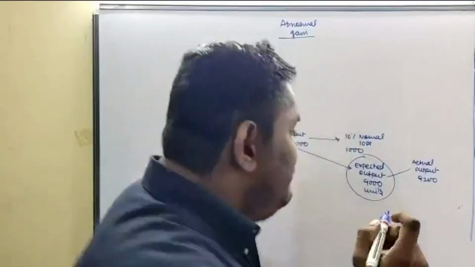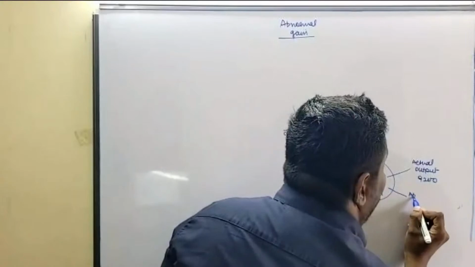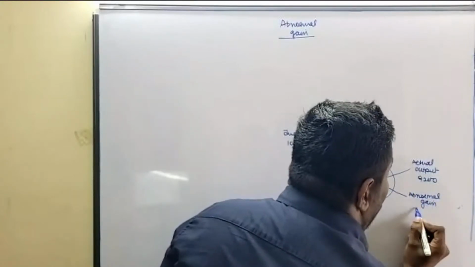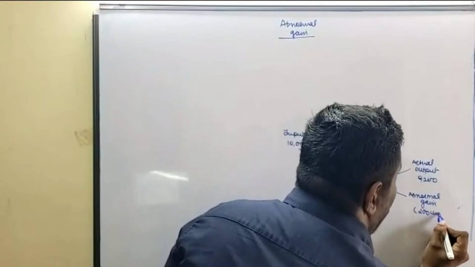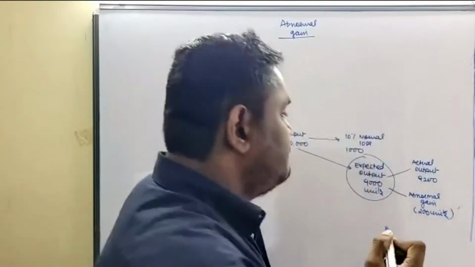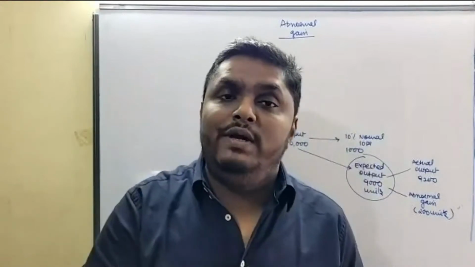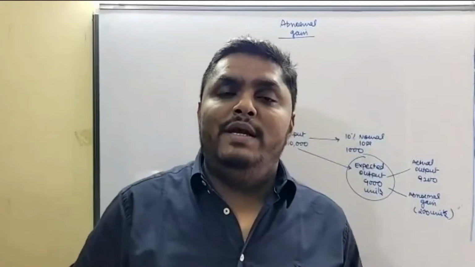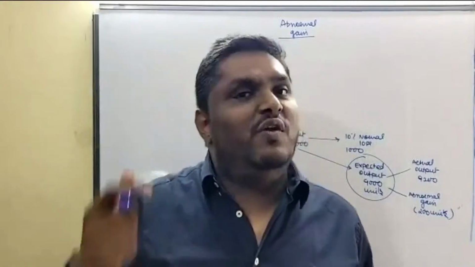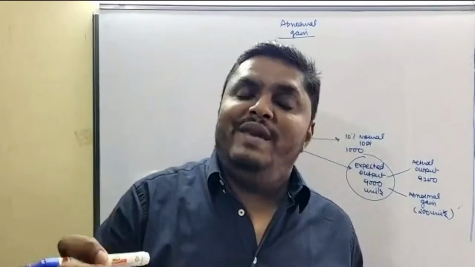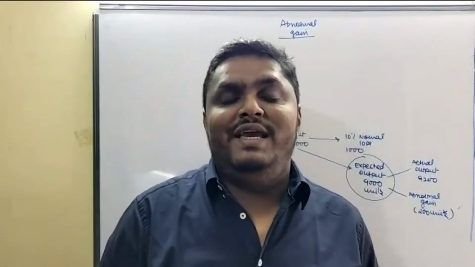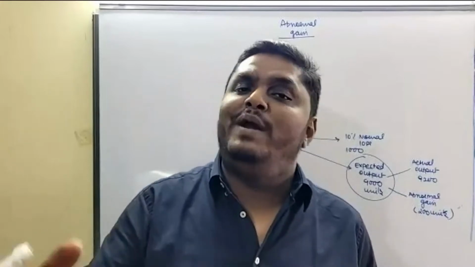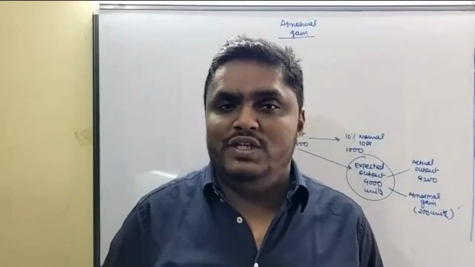So these 200 units is my abnormal gain. Now, abnormal gain can be due to wrong estimation of normal loss, or due to efficiency of my workers plus improvement in technology that is used in production.